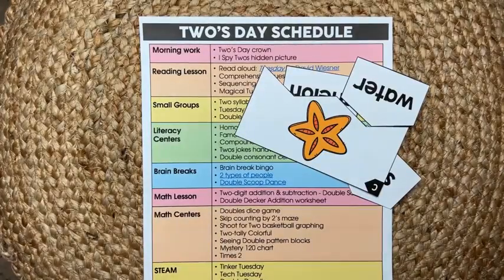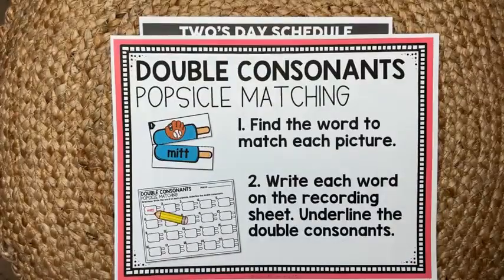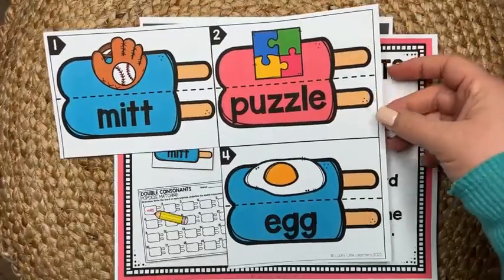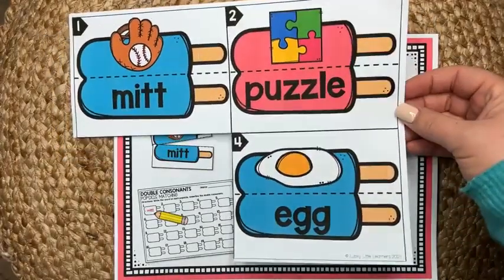Another 2-themed center activity could be double consonants. Mine aren't all cut out, but let me just show you one that's not cut out yet. These are little puzzles, and what they do is they have those double consonants in there.